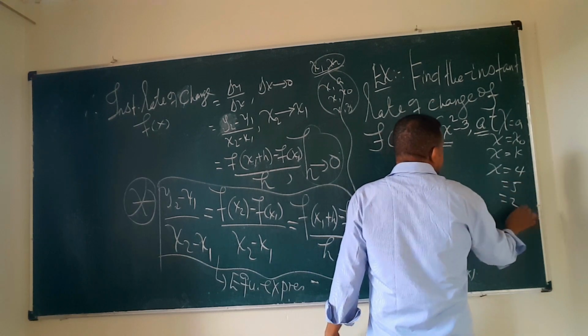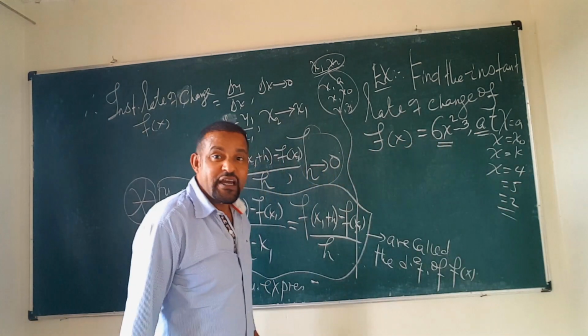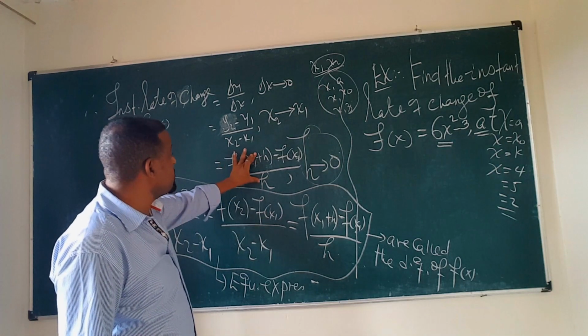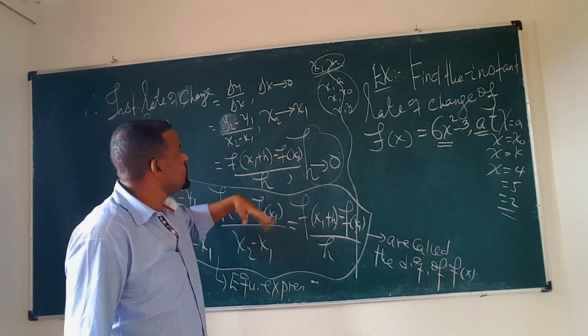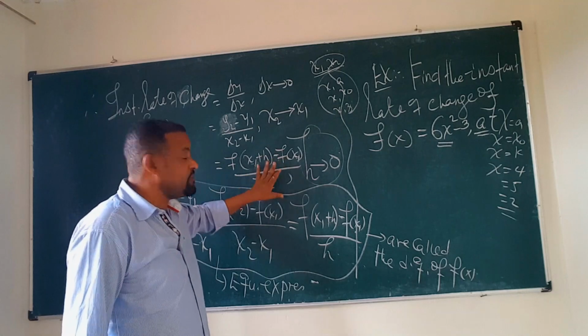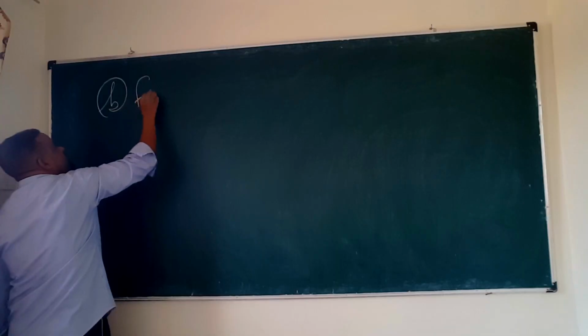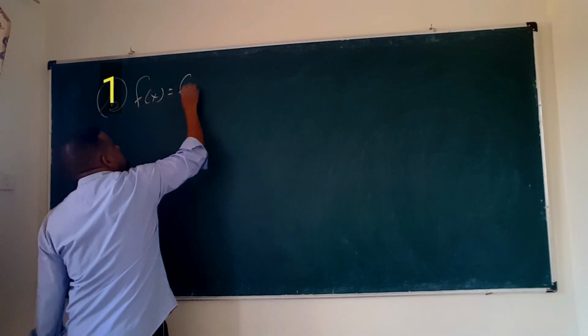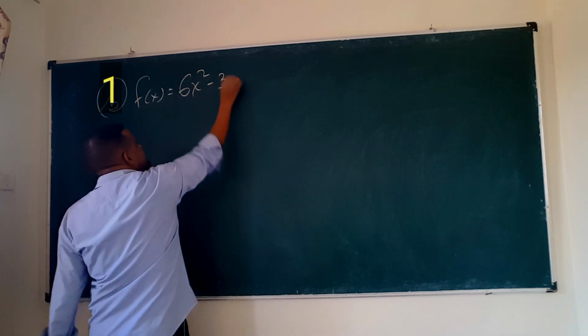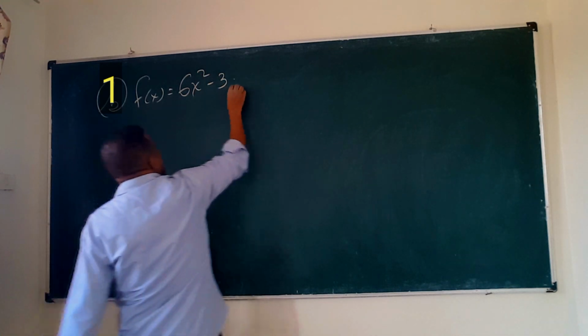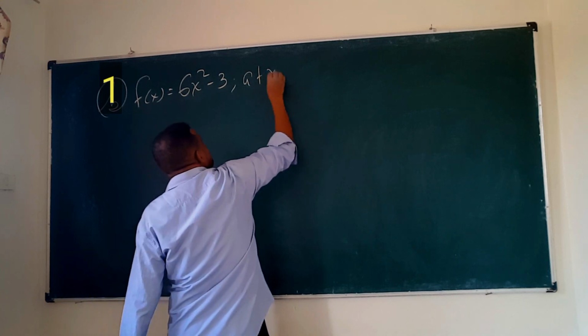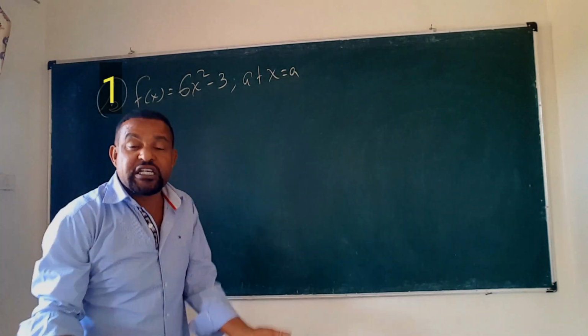at 5, at 2, it can ask whatever. Put it in this formula, which is the instantaneous rate of change: f of x1 plus h minus, and work on it like this. f of x is equal to 6x squared minus 3, at any point, at x equal to a or at x equal to x naught.